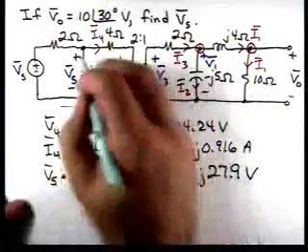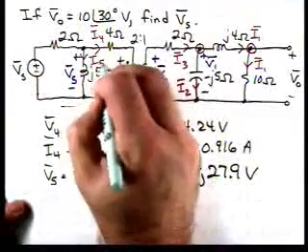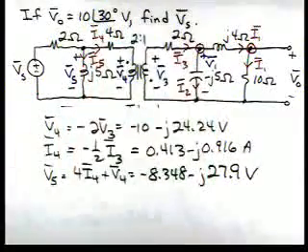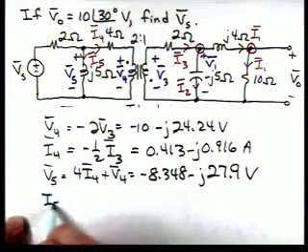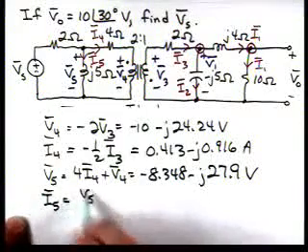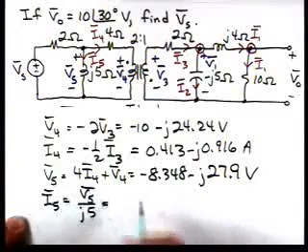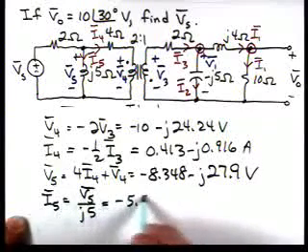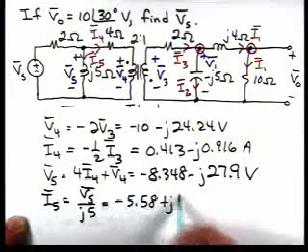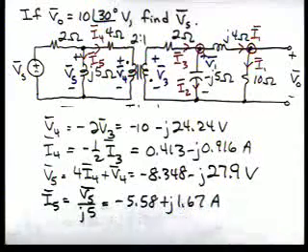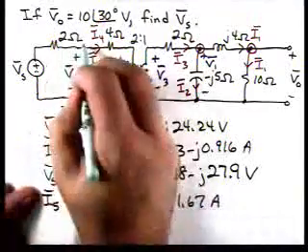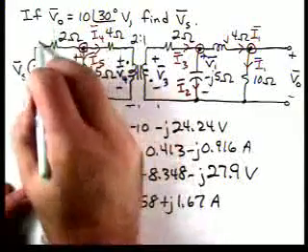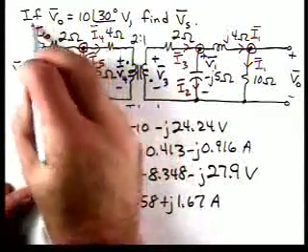And now we can calculate a current I5. And I5 is V5 over J5, which is minus 5.58 plus J 1.67. Now, we can apply KCL and calculate a current I'll designate as I6.